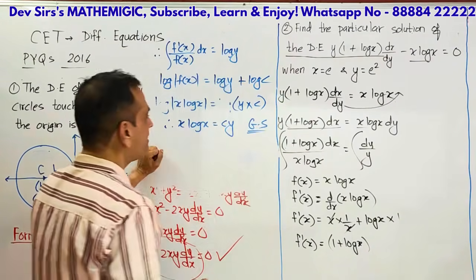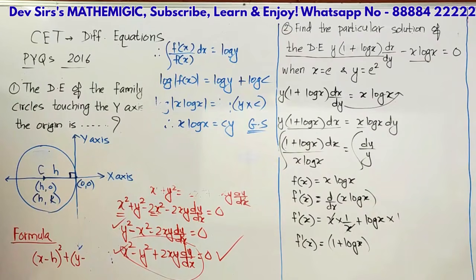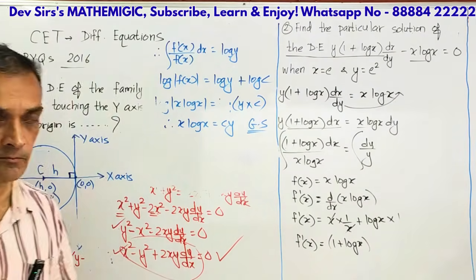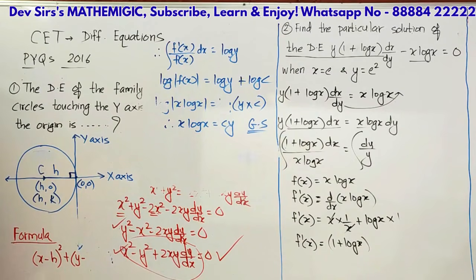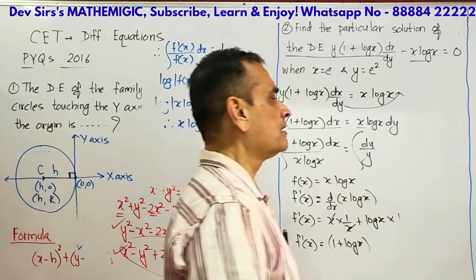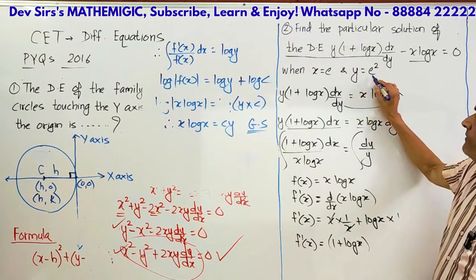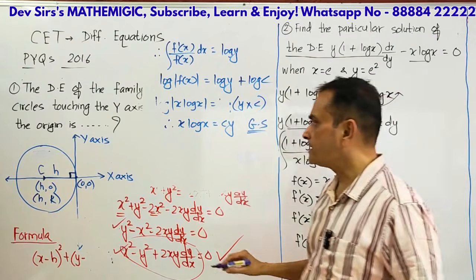General solution means it contains C. Now remember, we have been asked to find the solution. So general solution is this. Now what is particular solution? Particular solution means the values of x and y are given. First I will mark this.